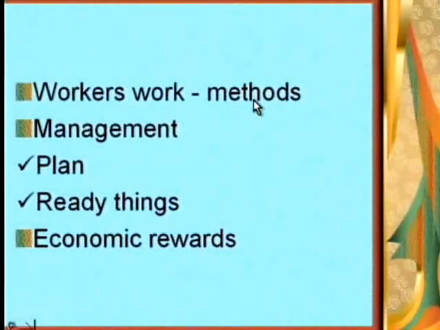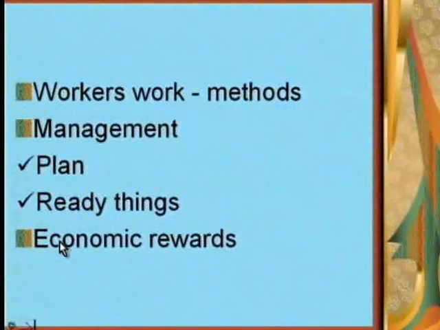The methods are to be established to make the workers work in those established methods. Management: the job of management is to plan and make ready things. Management plans the work and readies the things that are necessary to continue the work. Economic rewards must be given for efficient and productive workers.